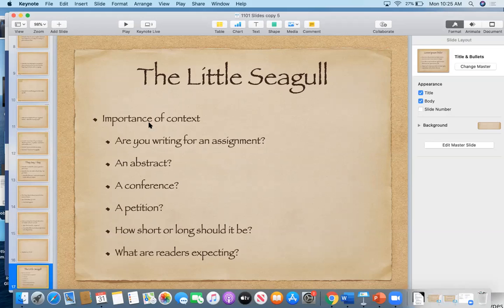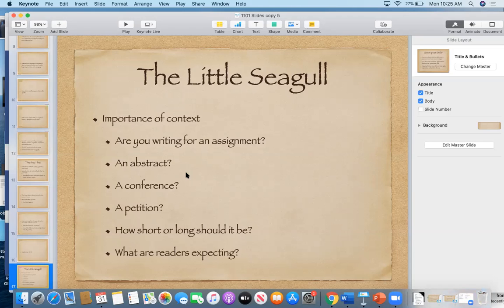Remember the importance of context. Obviously, if you're writing for an assignment, that's pretty straightforward. If you're writing an abstract, does anybody know offhand what an abstract is? Maybe you could think of an abstract as just a short little summary of your paper.